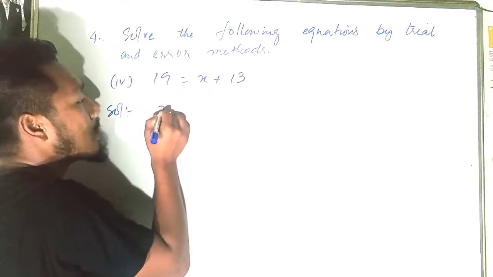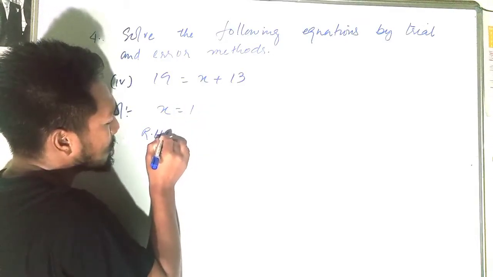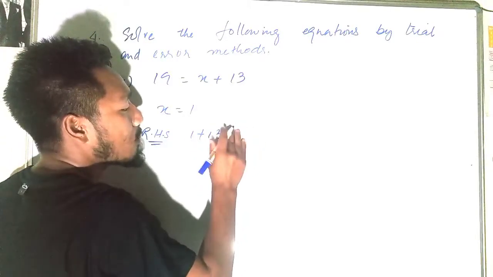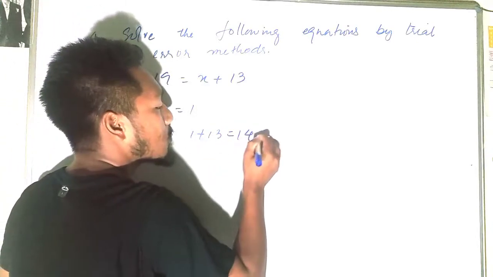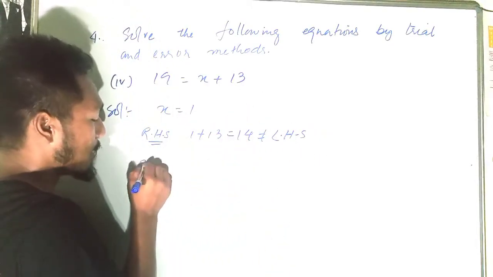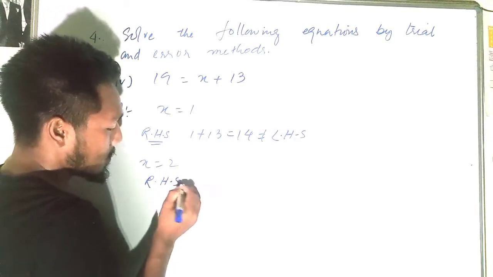So on the right hand side, x is equal to let's say 1. Right hand side, what is it? 1 plus 13 is equal to 14, which is not equal to the left hand side. Our left hand side is 19. Then x is equal to 2. Then right hand side, what is it?